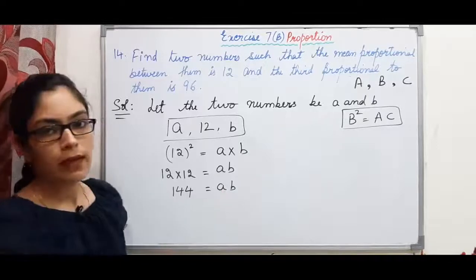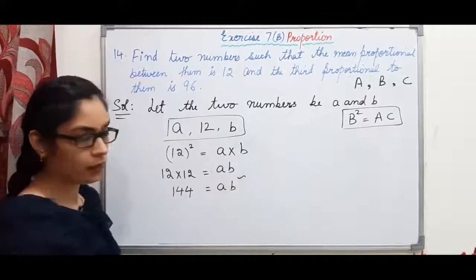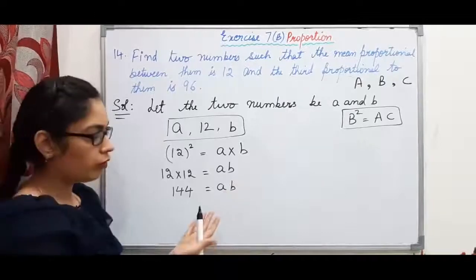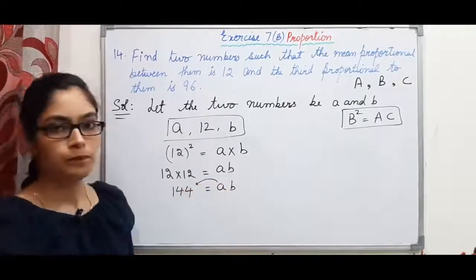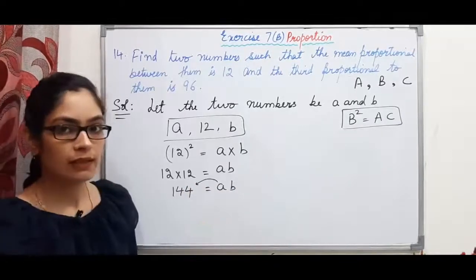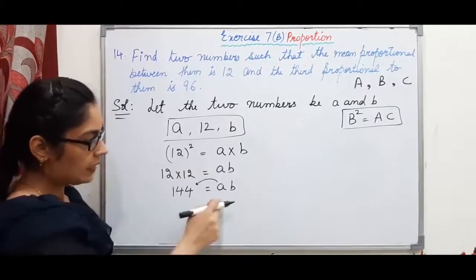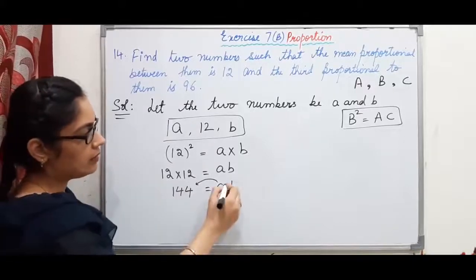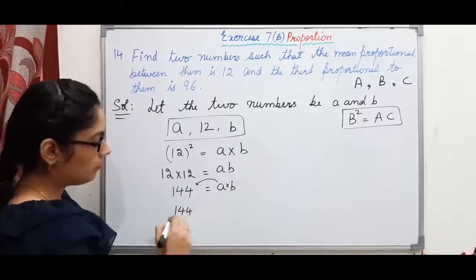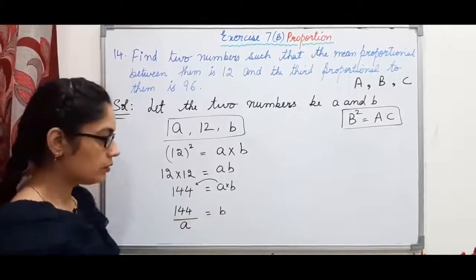Now we can find the value of either a or b. Let's take the value of b. To find b from this equation, we shift a to the other side, because whichever quantity we want to find, we keep on one side and shift everything else to the other side. Since a is multiplied with b, on changing sides it becomes division, because multiplication on changing the side changes to division.